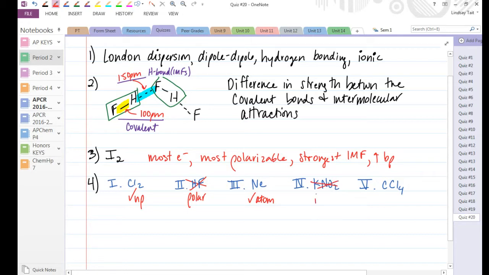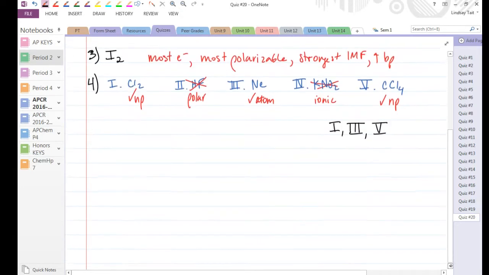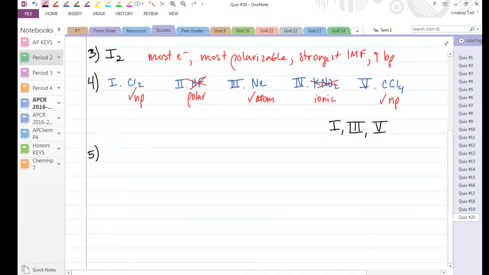This one definitely not an answer. This is an ionic compound. And then this one is nonpolar carbon tetrachloride, has a tetrahedral geometry that would render it as a nonpolar molecule. So that means that the answer to this particular question was Roman numeral 1, Roman numeral 3, and Roman numeral 5.